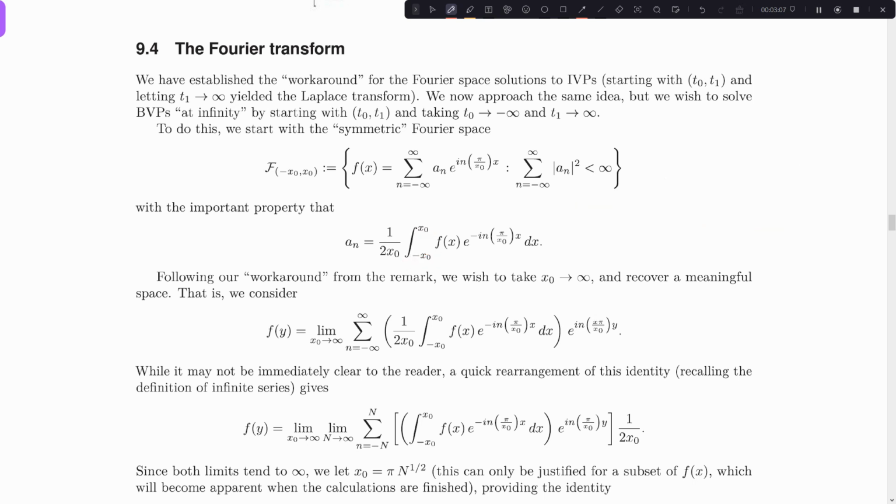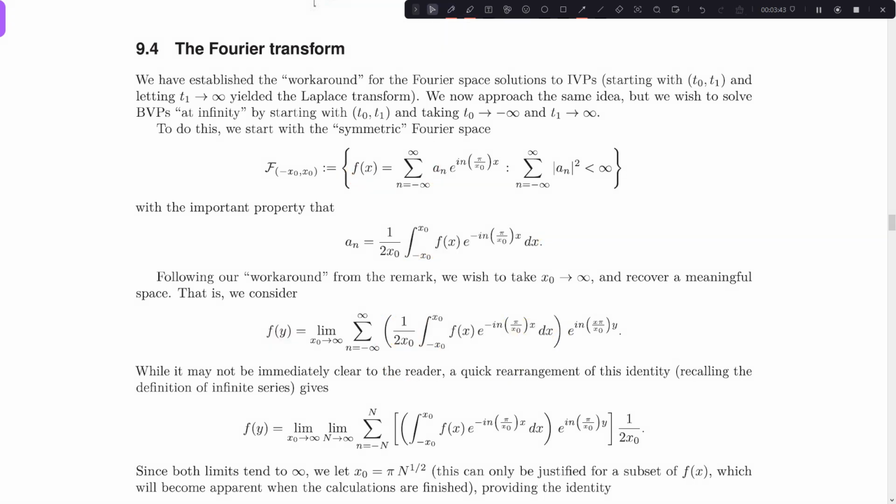So we make it symmetric, and then we're going to play the same game that we played before, where I'm representing this a sub n, which is the entire calculation there, inside of its reconstruction for f. So that's saying that this f here and this f of y there are the same because I'm just plugging the a sub n in by its definition.